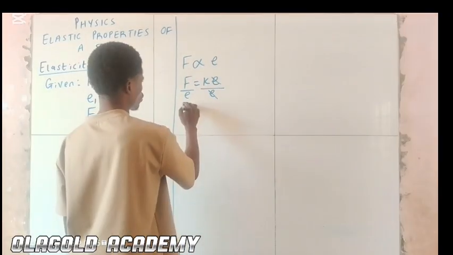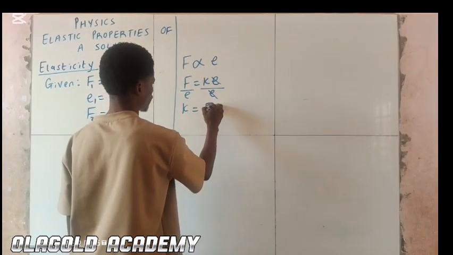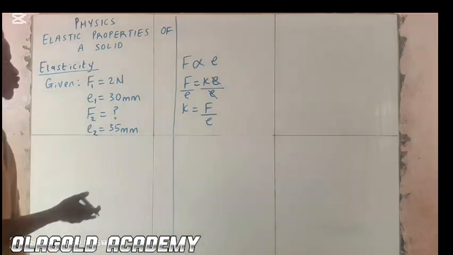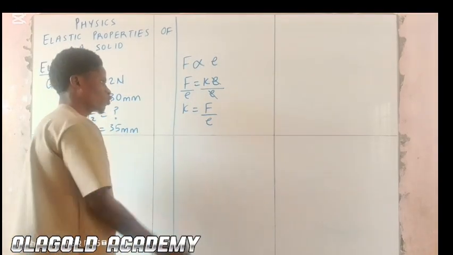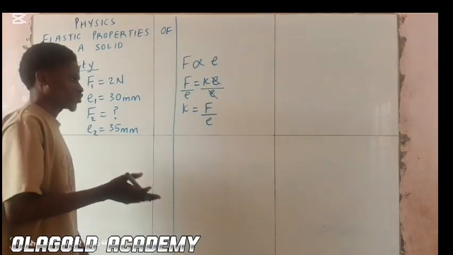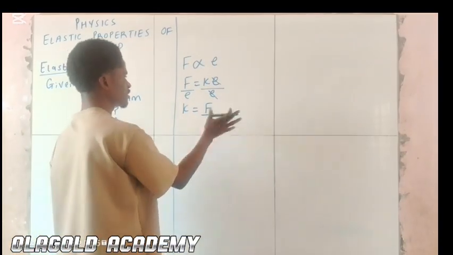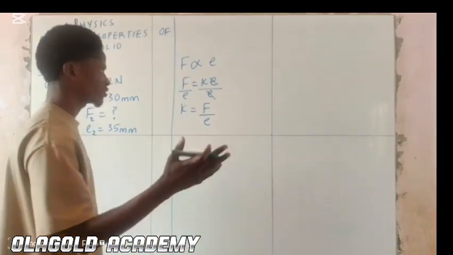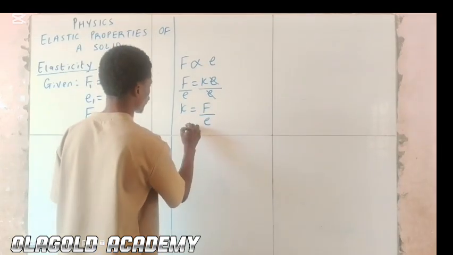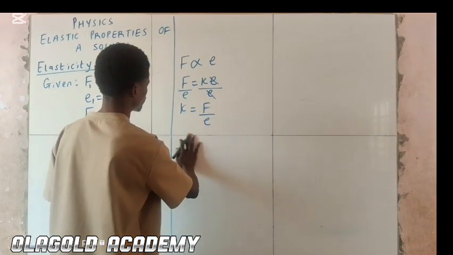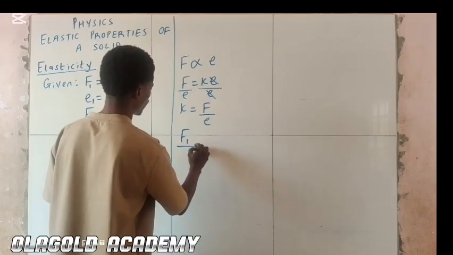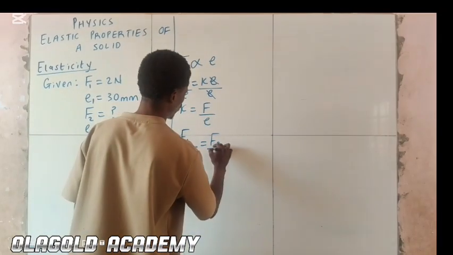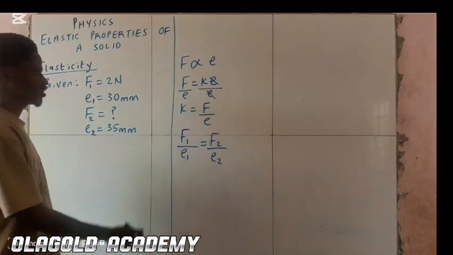So we have K equal to F over E. On account of 2 forces and 2 extensions, I would suggest that this formula is one of the easier methods to get our answer. So we're going to have F1 over E1 to be equal to F2 over E2.